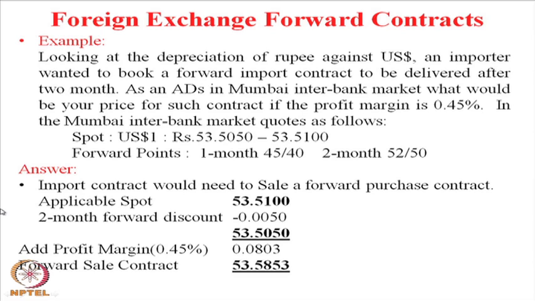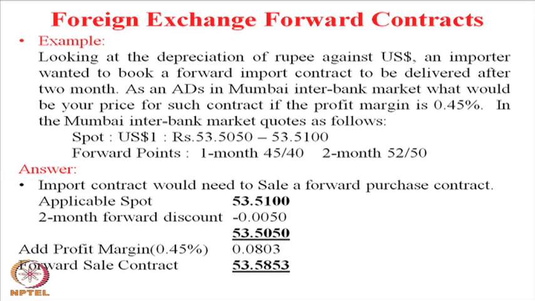Now, what are the points given to us from this example? What is supposed to be done? Here an importer is there. Importer may need US dollar after 2 months, but in between the importer has seen the market and evaluated it.